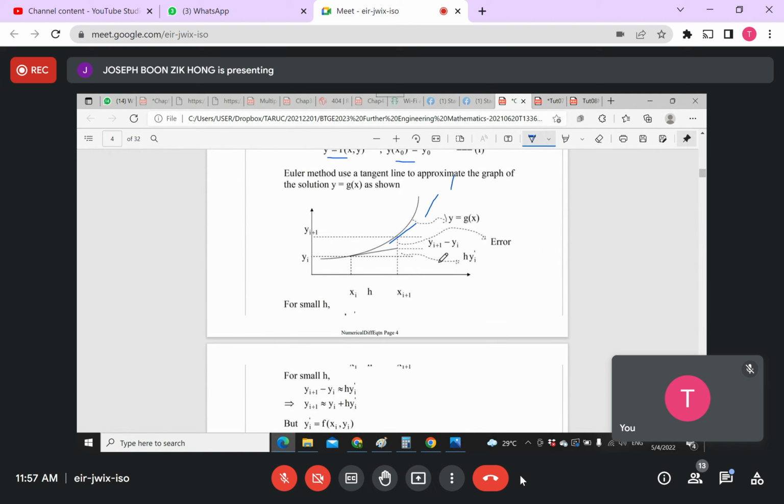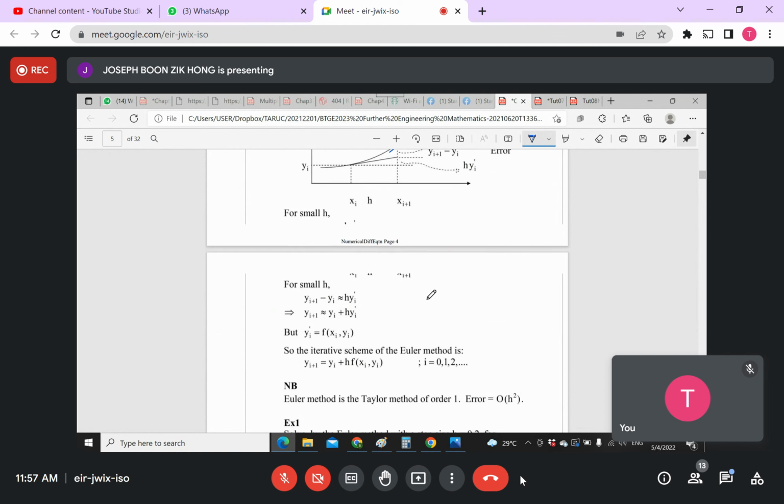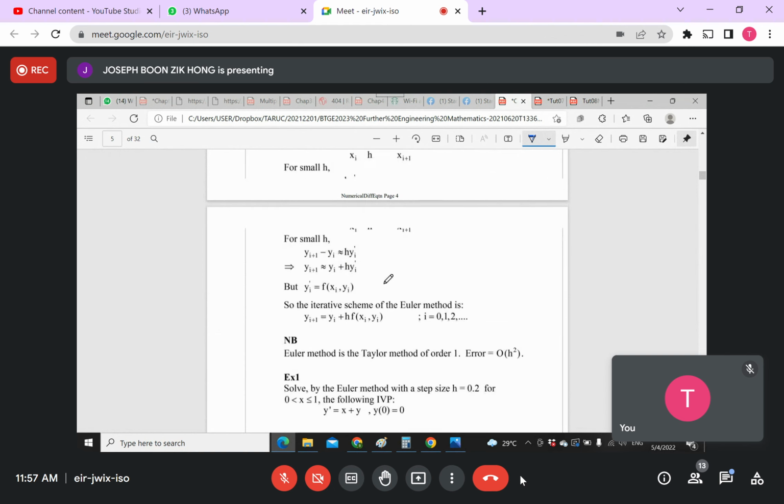Okay, what is the y there? This is basically when we have a very small h. Of course it's not 0.2 or 0.1 like in our example, but if we take something small enough, like 0.0001, then we can assume this.